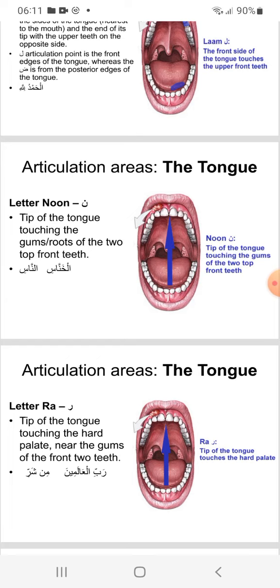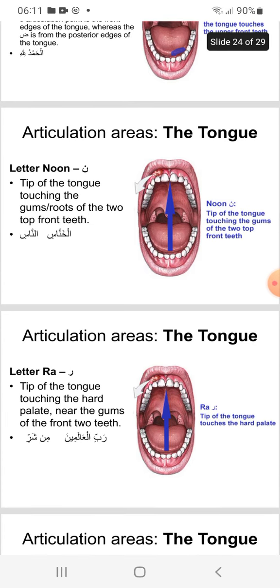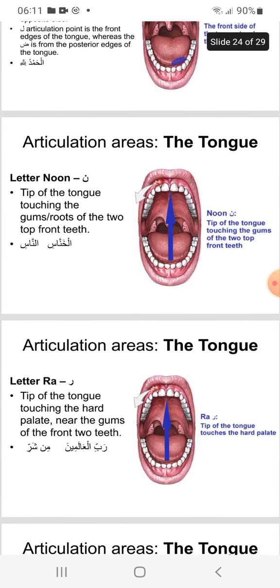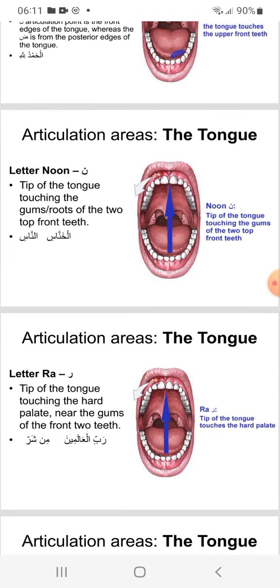They are the same, but the difference between the noon and the ra is that in the case of the ra, we have a special shape for the tongue. We don't put the whole part of the tip on the gum of the upper teeth, but we use just the sides of the tongue.